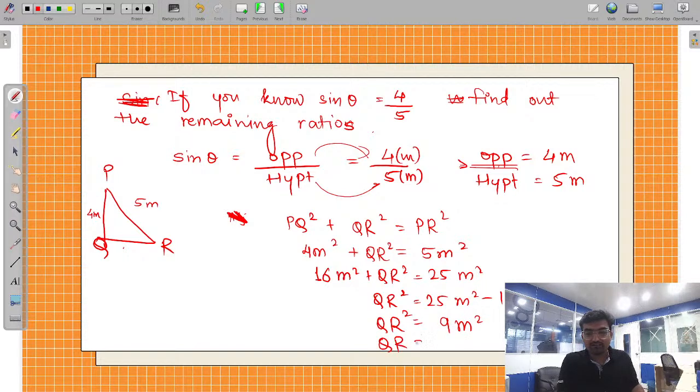And QR will give you the value of 3m, correct? So now we got the third side, and the remaining part is you have to find out all the ratios, right? So now you got three sides, you just have to use them to find out the ratio.